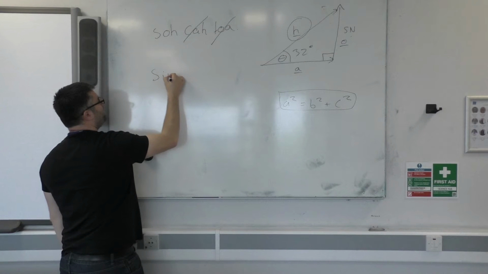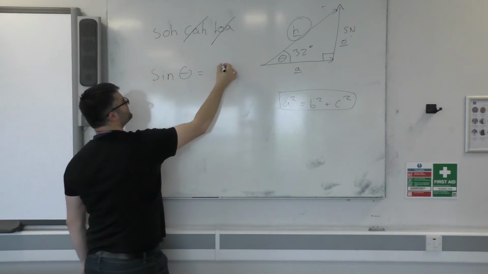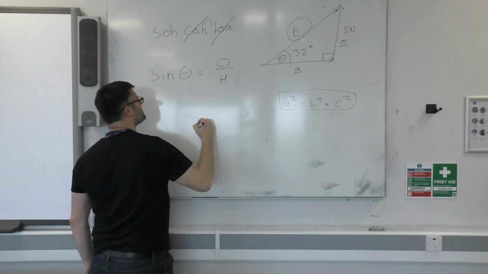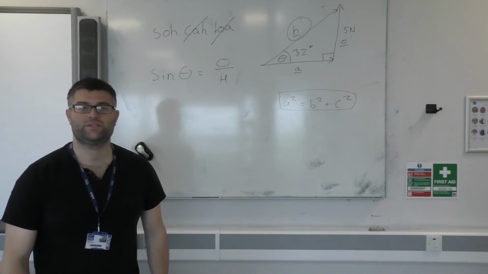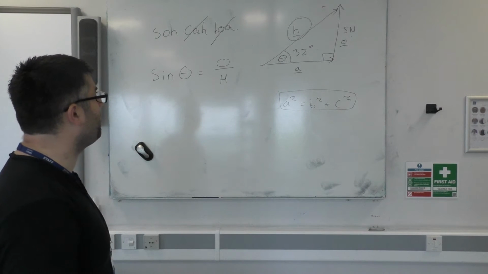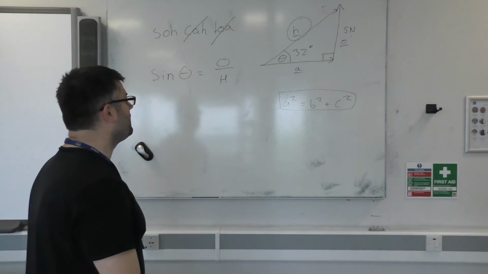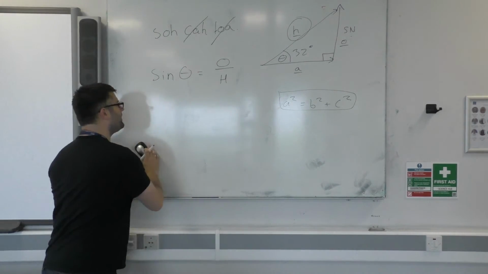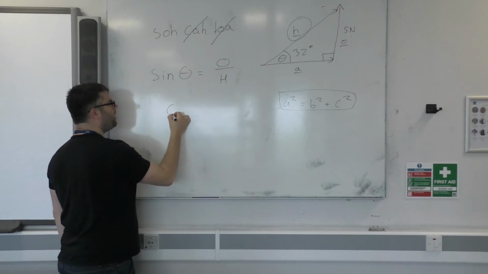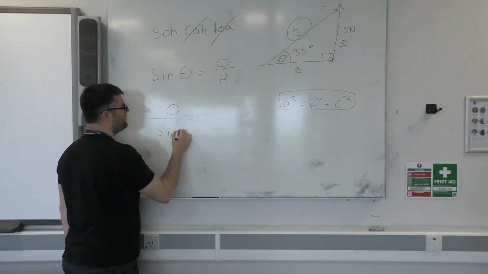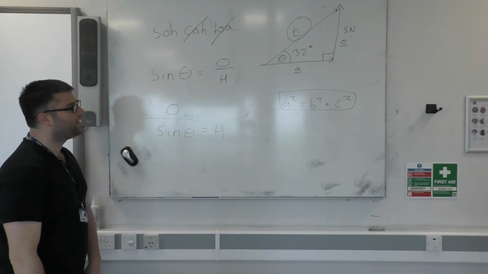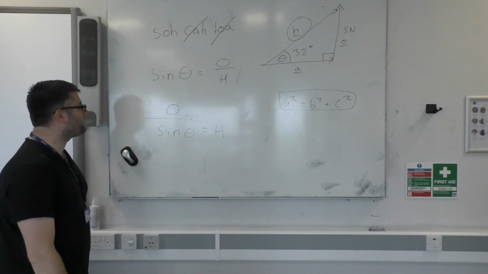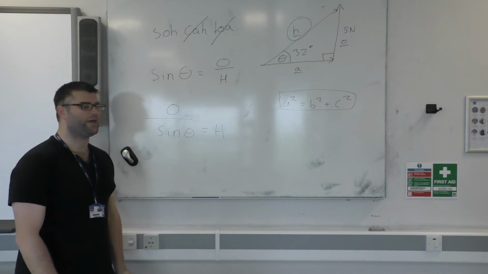So sine theta equals opposite over hypotenuse. At this point, we are into our basic algebra to work out what the hypotenuse is. Quick algebra allows us to say that opposite over sine theta is equal to the hypotenuse. We can then plug the numbers into our calculator happily, and we'll get our answer out.